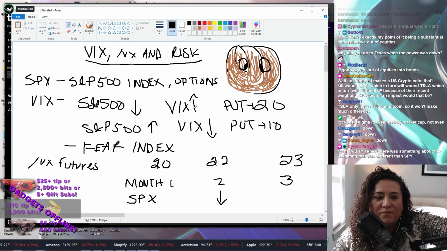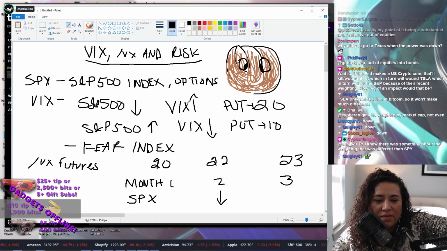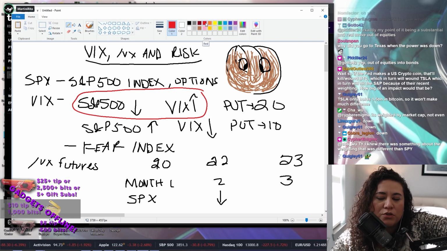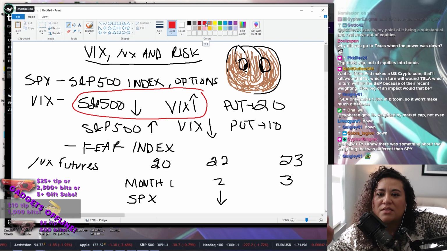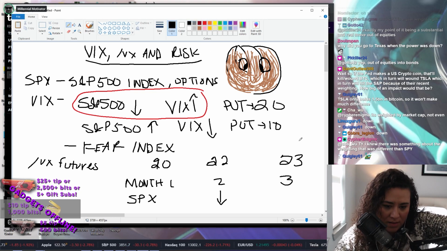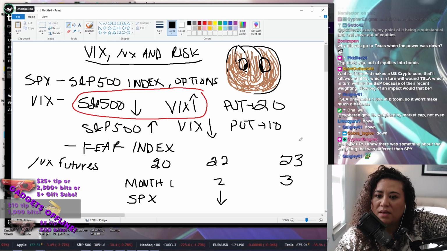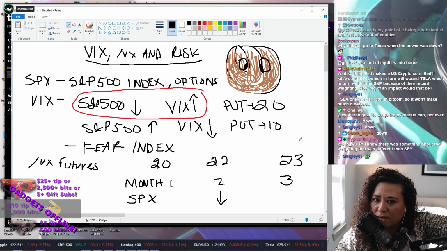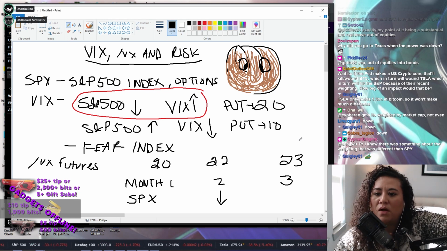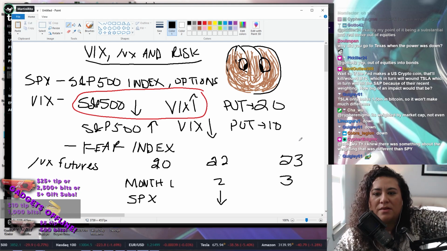I told you when VIX goes up, S&P, right here is the answer. See that? When VIX goes up, the S&P 500 goes down. See, that is just that easy. Now, these are usual relationships. Obviously, we have a weird market. Futures are speculative, right? Absolutely. It can definitely not hold true to this. But most of the time, this is how it happens, okay? We all look for patterns, right?